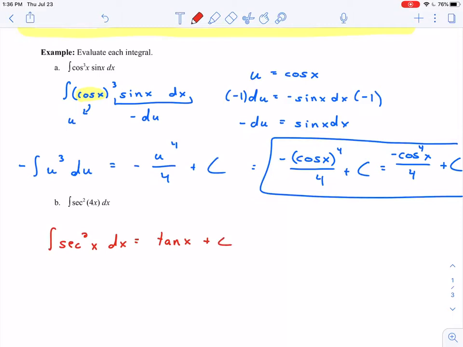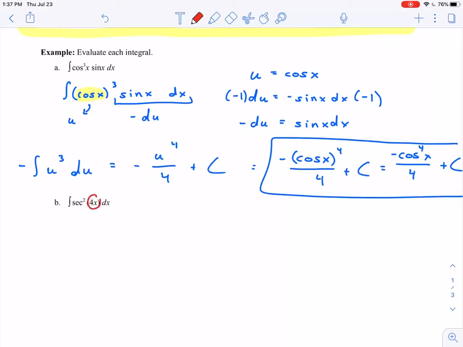So you might look at this exponent right there and think, oh, that kind of looks like cosine cubed x, but remember that the derivative of tangent is secant squared, that we have this kind of relationship between tangent and secant squared. So we're not going to need to use secant of 4x as our u.